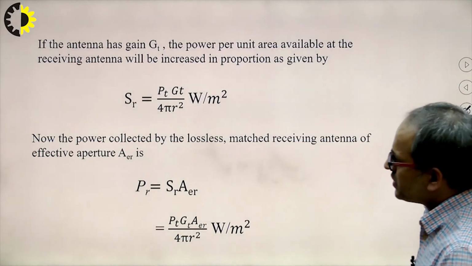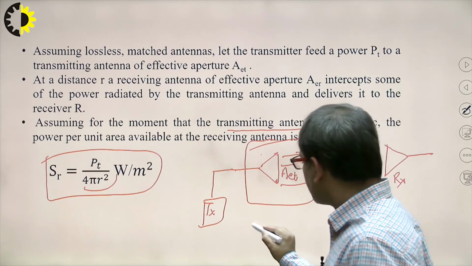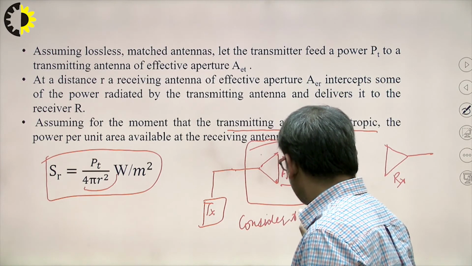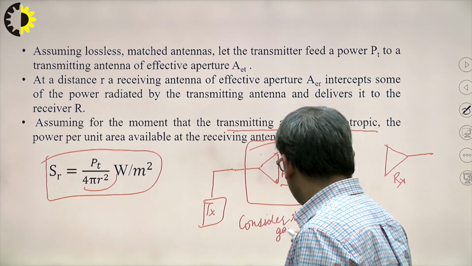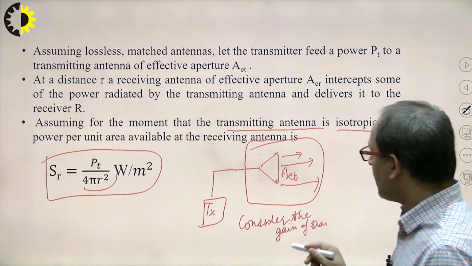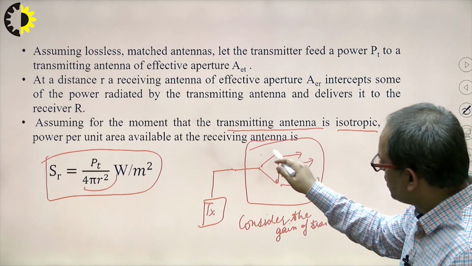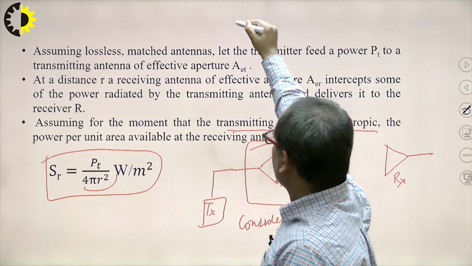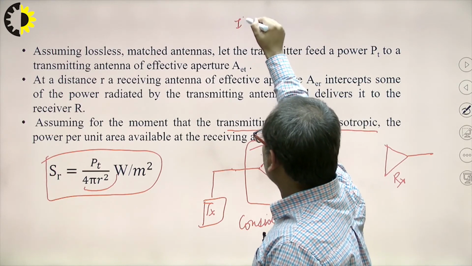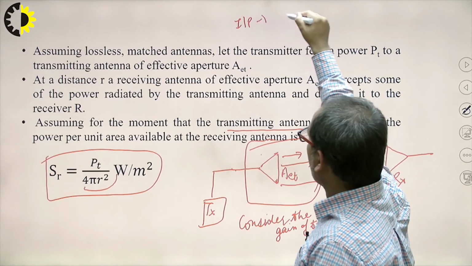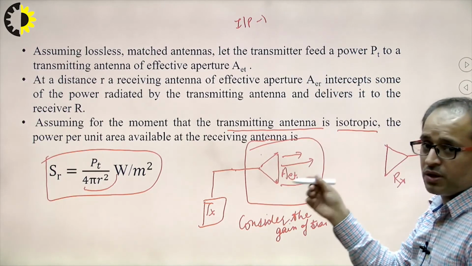Clear? Now if I consider the gain of this transmitting antenna, then I will have to consider the gain of this antenna. Gain means how much power you are supplying as input power to the antenna, and how much it is radiating into the space.